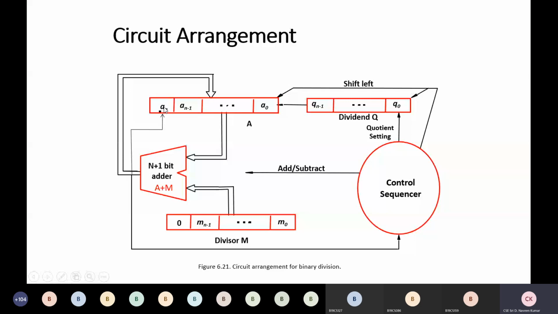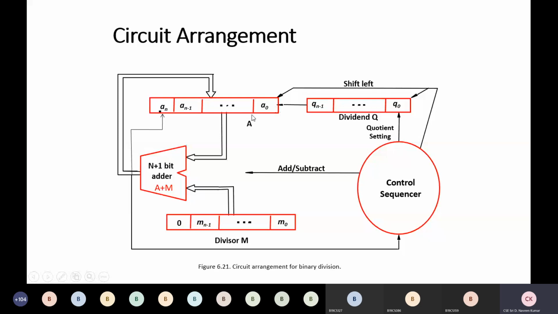Okay, and one more thing, this is the adder which does the addition of A plus M or maybe A minus M. In the algorithm we are doing A plus M, A minus M, which is done here. Each time we shift left, then we do A plus M. So this adder will do A plus M. Where do we get A from?